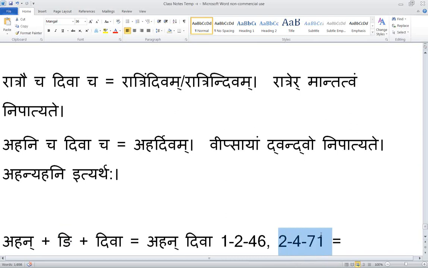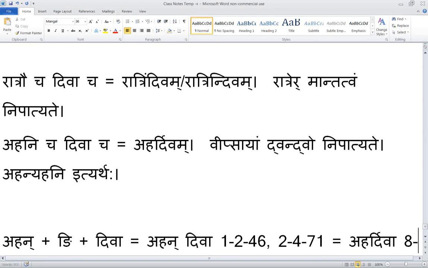So therefore we now have to make the repha adesha, which gives ahar divam. Anyway, this is only sandhi karyam, which I think you already know, so we don't want to spend too much time on that. So ahar divad becomes ahar divam, etc.